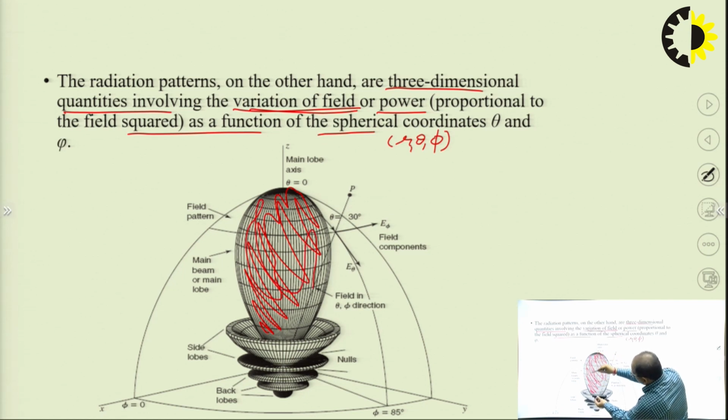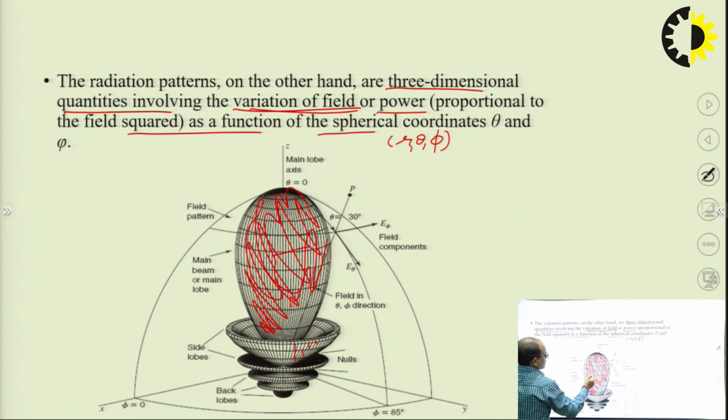This antenna produces this in this area, and these are the side lobes, which give a small amount of energy. This antenna produces a small amount of energy along this direction. So most of the electric field energy is concentrated in this direction.